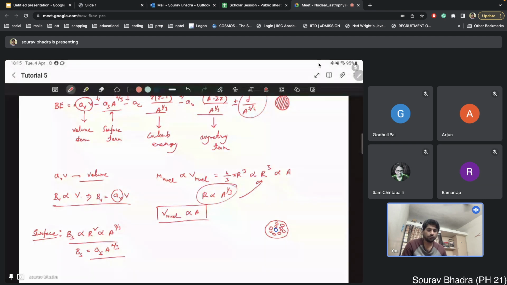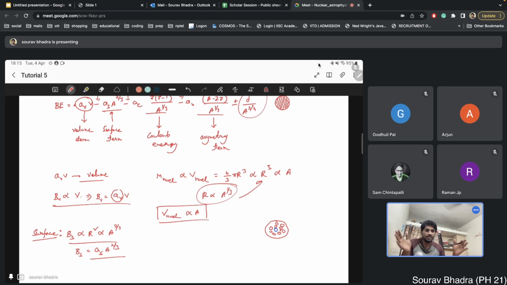Why am I using proton? Because precisely protons will take part in this Coulomb repulsion, because neutrons don't have any charge. So proton interaction will be there inside the nucleus itself, and that repulsion.